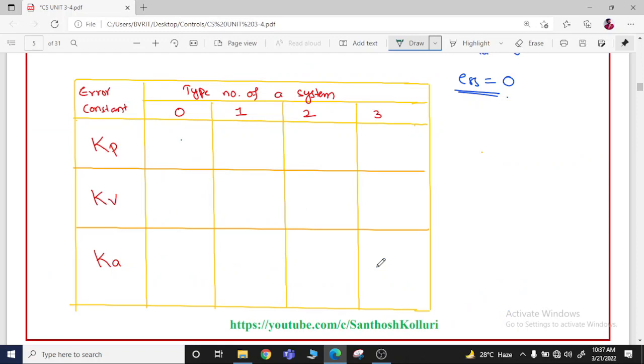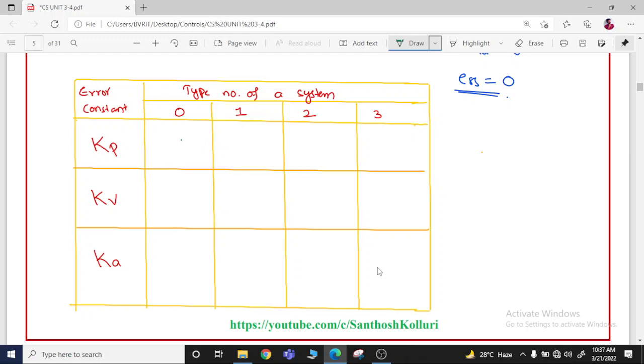The conclusion of all these error constants, as well as the steady state error values, is shown in these tables. Error constants are represented as Kp, Kv and Ka, and type numbers are represented in a horizontal manner: type 0, type 1, type 2 and type 3.